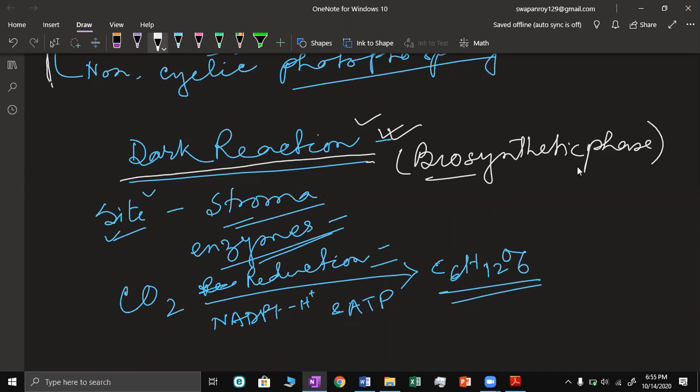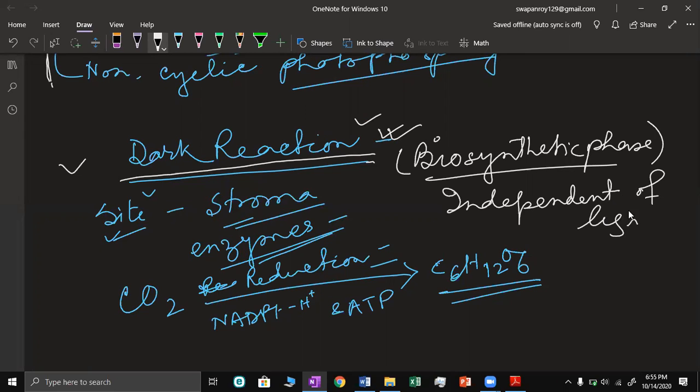This is called dark reaction because it is independent of light. It does not depend on light, it does not require light.